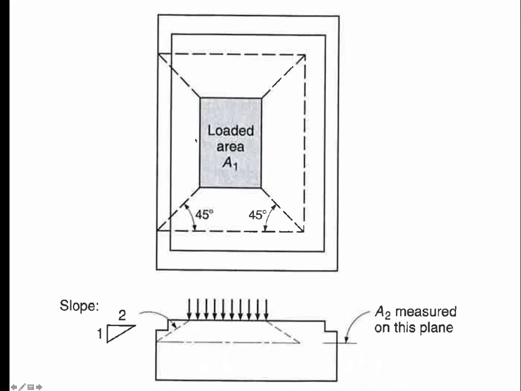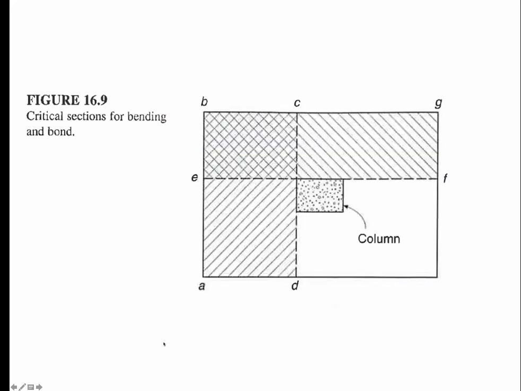And we will establish that shape of having an area of the footprint of the column, and then an area down here, which is measured at the largest plane that can be fit within that frustum shape.